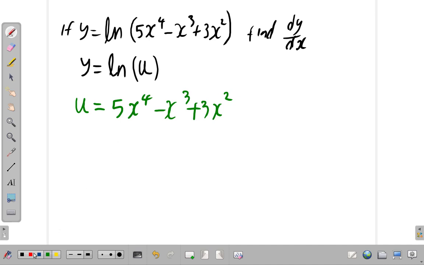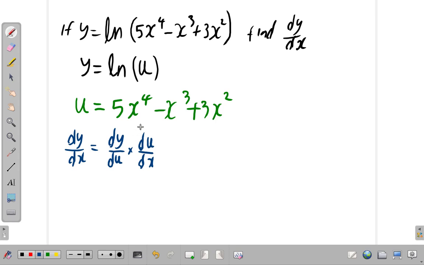Now the rule regarding the chain rule says that dy by dx is equal to dy by du multiplied by du by dx.